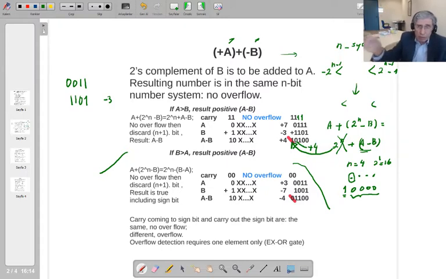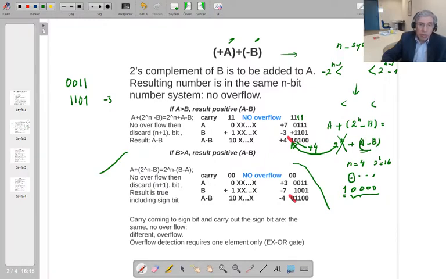Because the result is going to become smaller than A, isn't it? If A is in this range, a smaller value is definitely in there. So that means there won't be any overflow if two numbers have different signs. So that means no overflow.